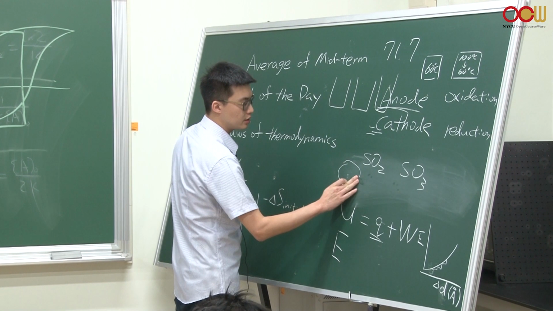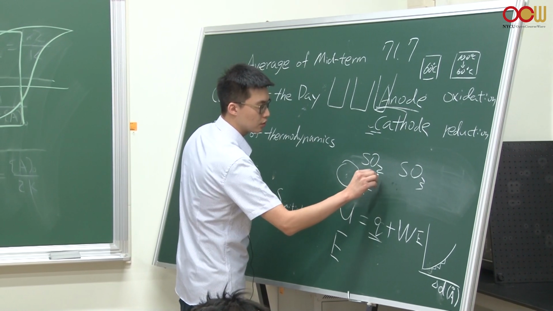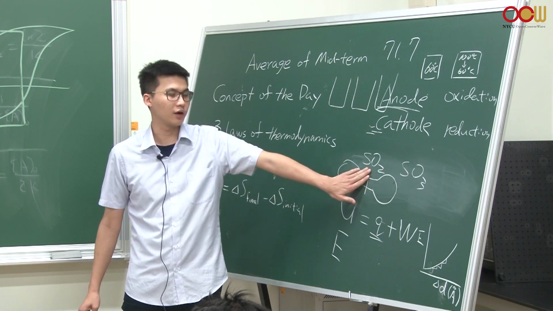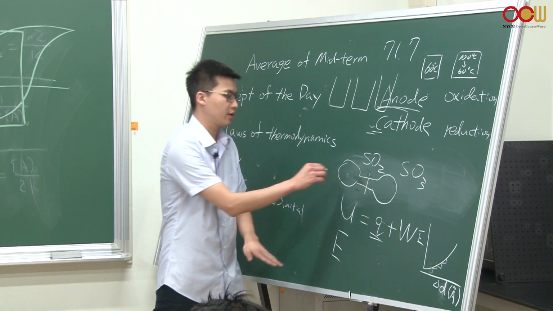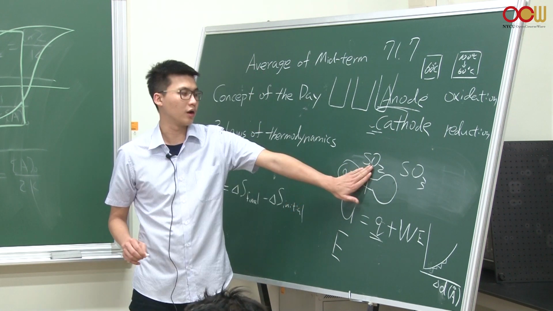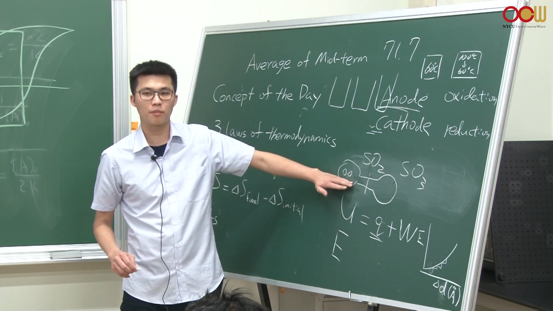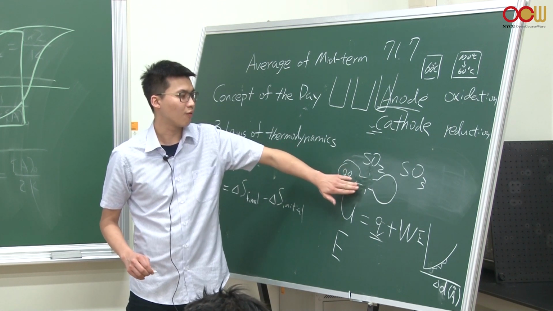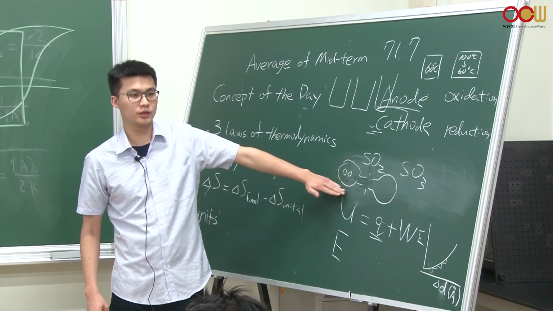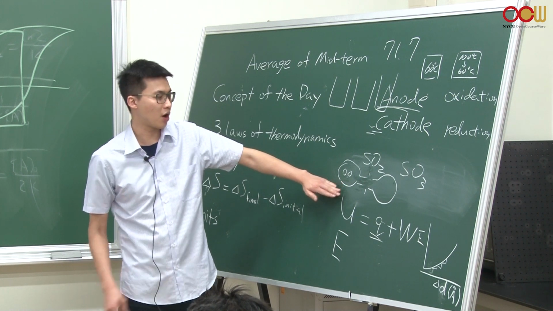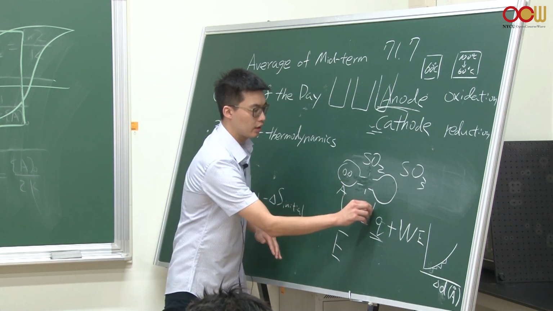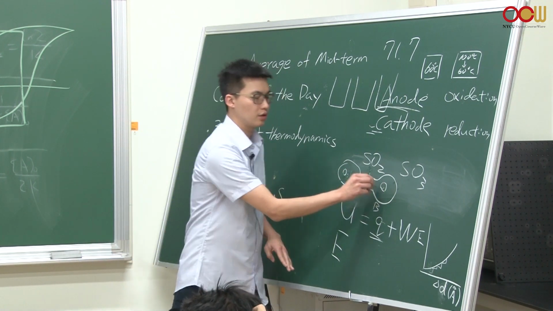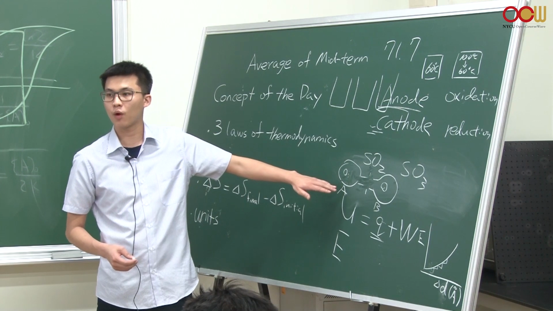Let's say these 2 containers are connected, but we have a gate that limits the gas molecule to 1 compartment. If I remove this gate, we have one scenario where 2 particles are located in compartment A, and this is called compartment B. Another scenario is that each compartment will contain 1 particle.